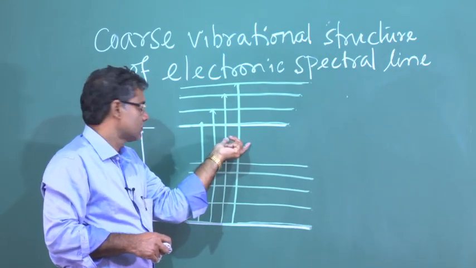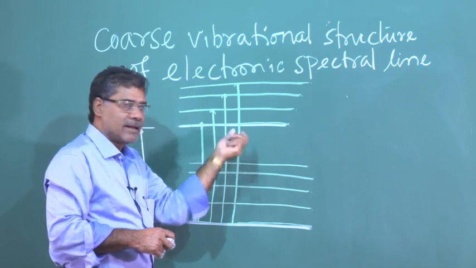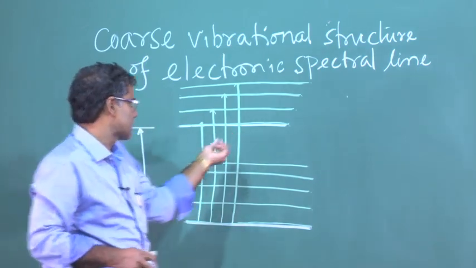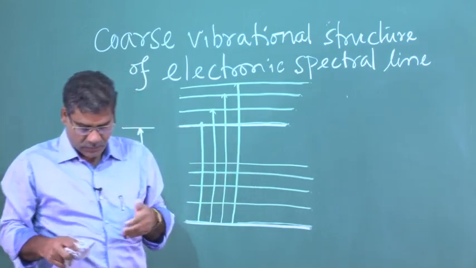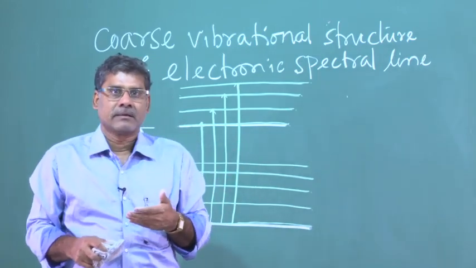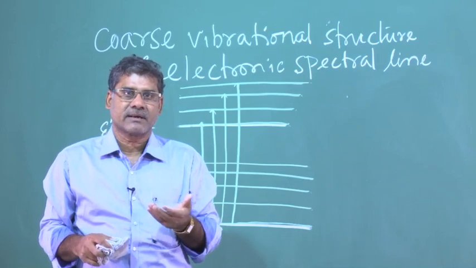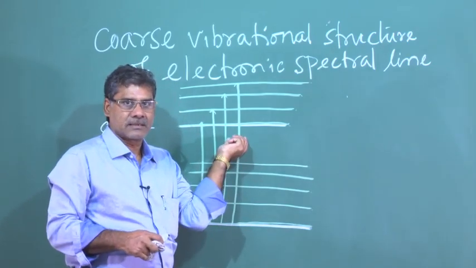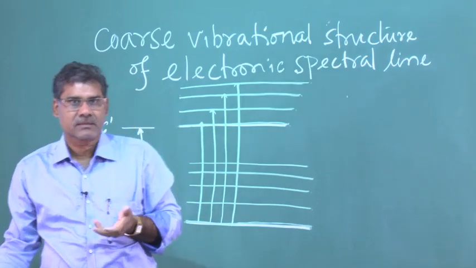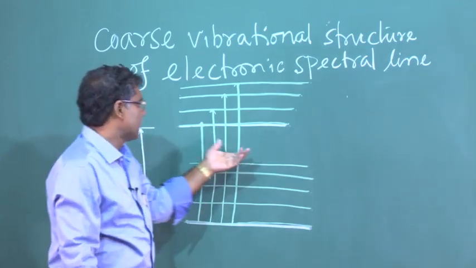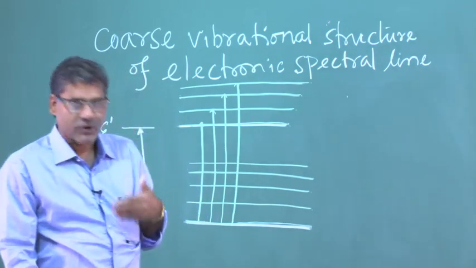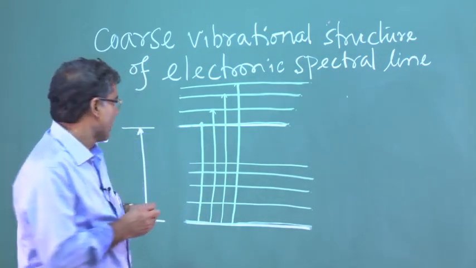Now, each vibrational energy level, again it is a broad line, not a sharp line. If you see in a spectrometer of high resolution, one can see again it is not a single line, it consists of a branch of lines. That is basically because of the rotation of the molecule.